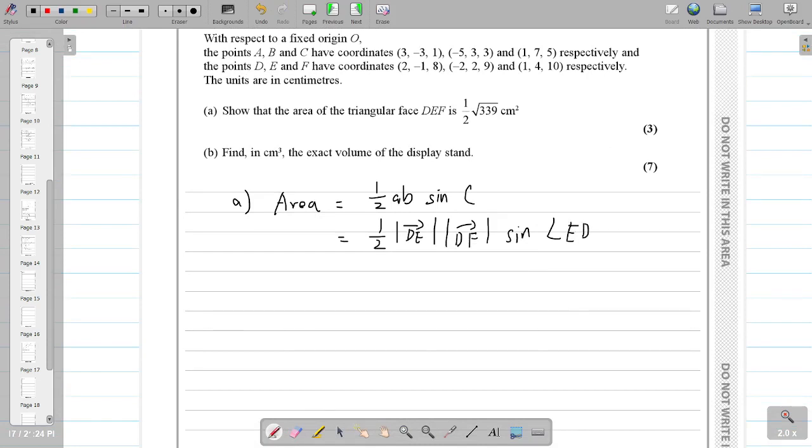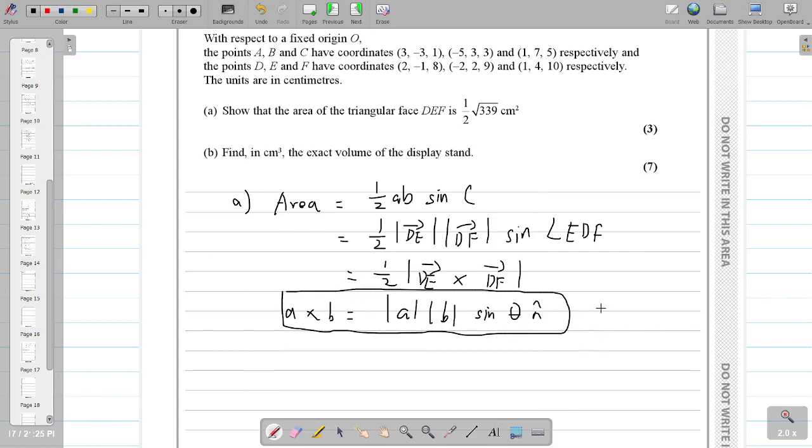But if you realize, this is just the definition of the cross product, right? DE cross DF. This is from the definition of the cross product, which says that A cross B is equal to magnitude A, magnitude B, sine theta, where theta is between A and B, and then some unit vector, but the unit vector doesn't really matter.